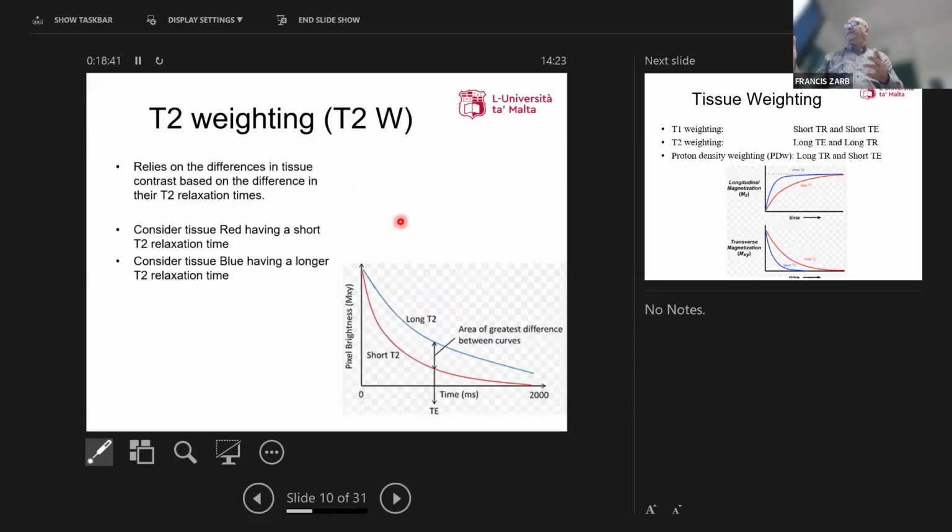The same principle applies if I want T2. When we switch off the RF pulse, the T2 magnetization, that is the transverse magnetization, is at its maximum. And then they start losing their transverse magnetization.